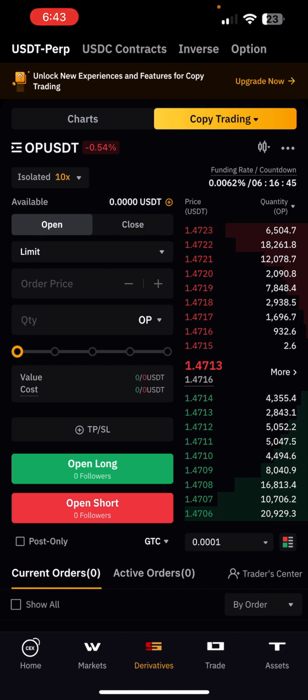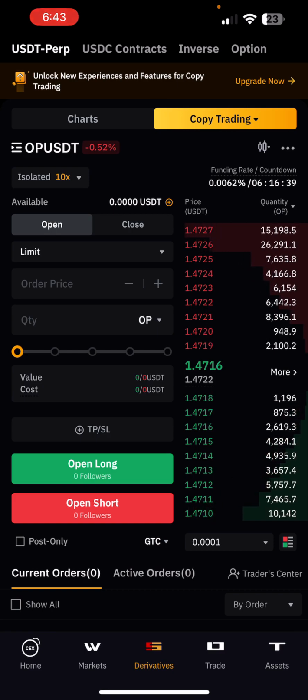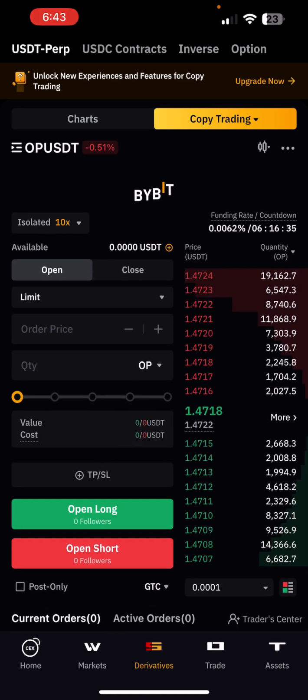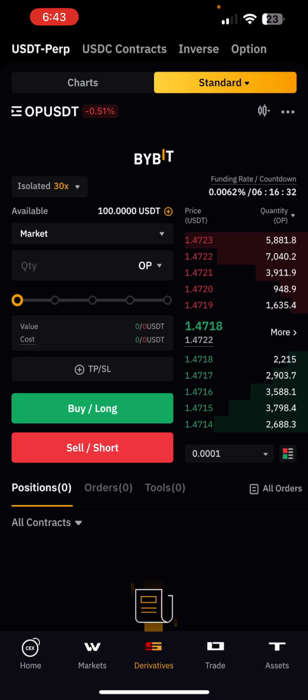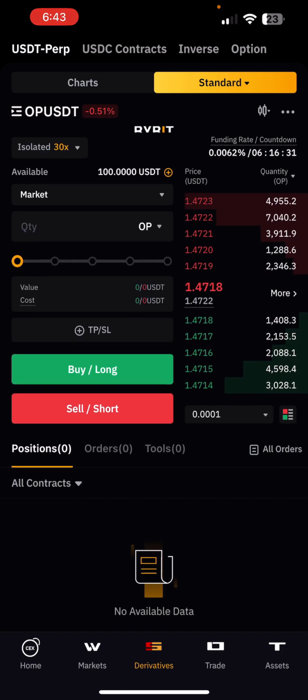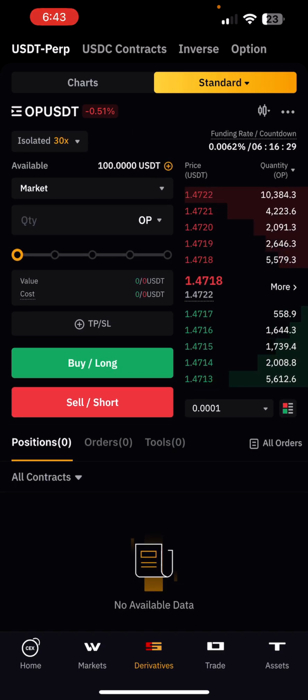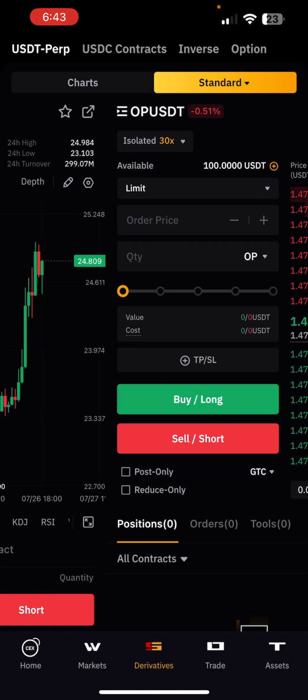Now, the first thing you need to know is where your entry point is. This is how the derivative future page looks like, and you can see we've searched for OP/USDT.